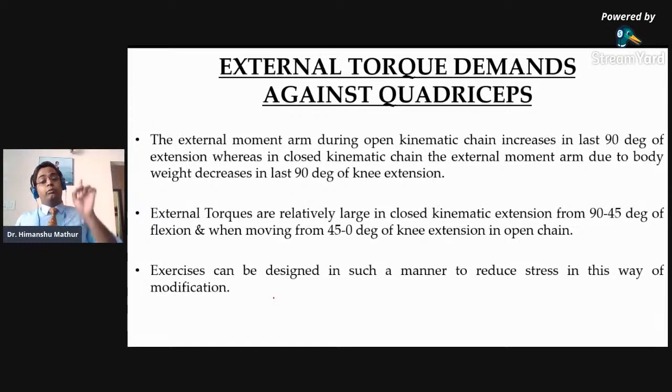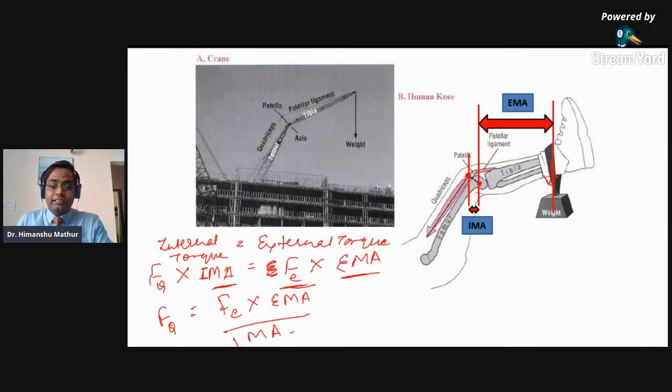If the external moment arm increases, the external torque would also increase, and to overcome that torque, the quadriceps will have to work more. Remember the last formula, this has to be equal. If I am going against gravity or against any load, I have to overcome the external torque. If my external load is more, I have to generate more internal torque so as to cause the movement.